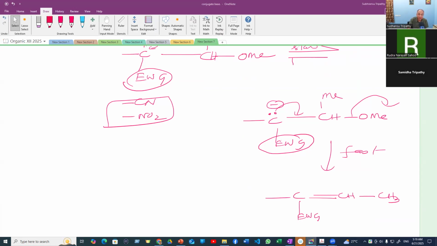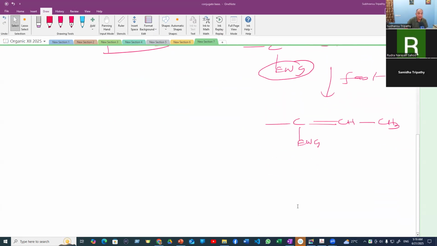The examples that I would like to give, one or two examples we can give. Now see, supposing we have a compound like this.